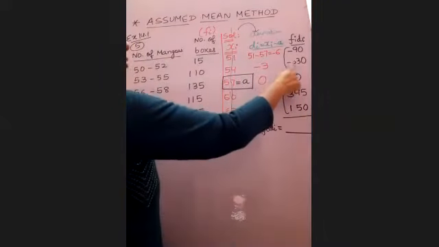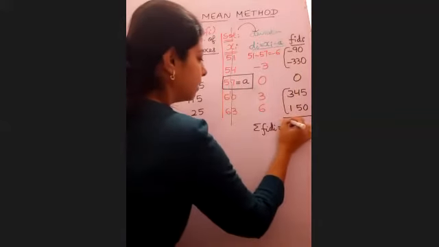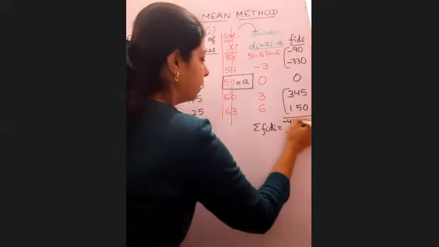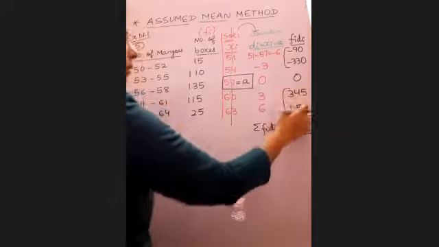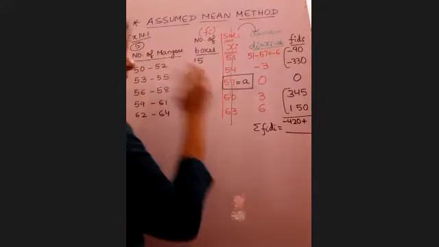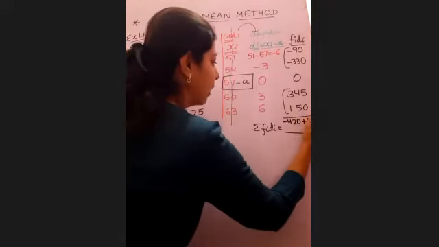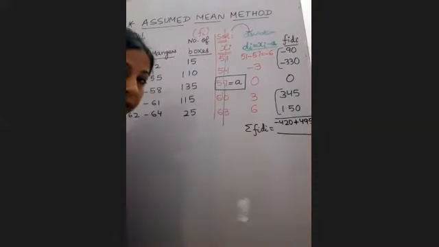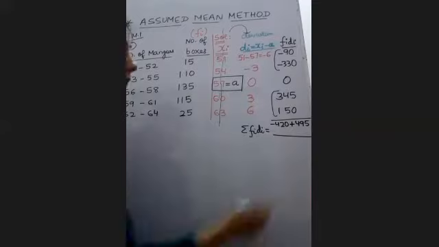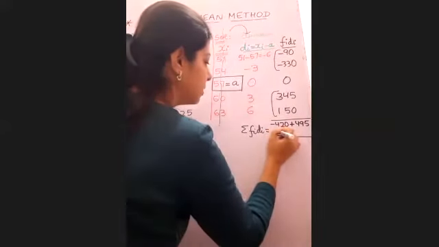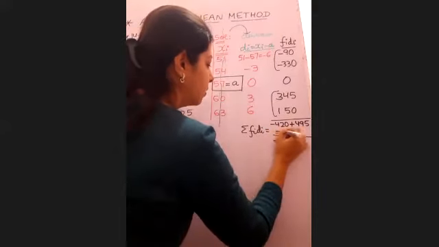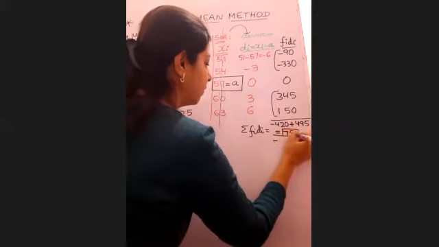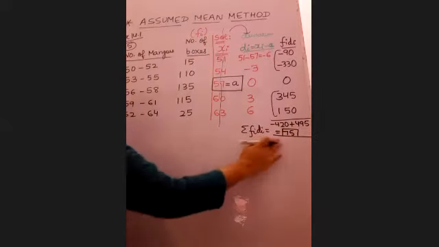I have minus 330 and minus 90 makes it minus 420, plus 495. 75. It can be negative also in the end. So the final value is 75.